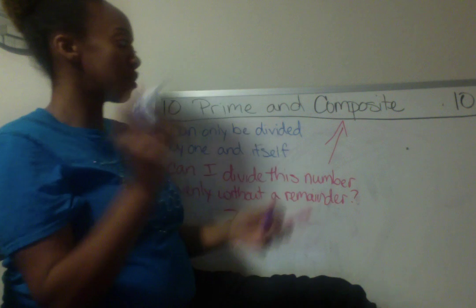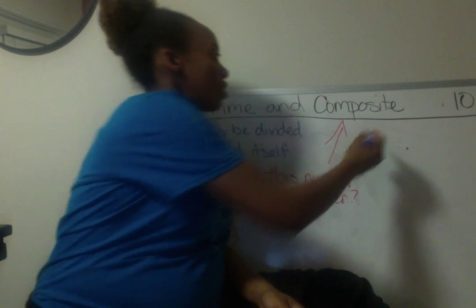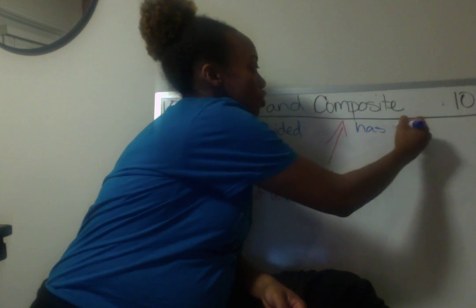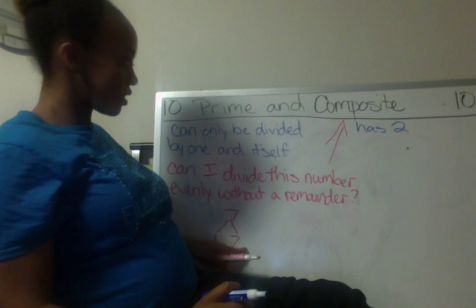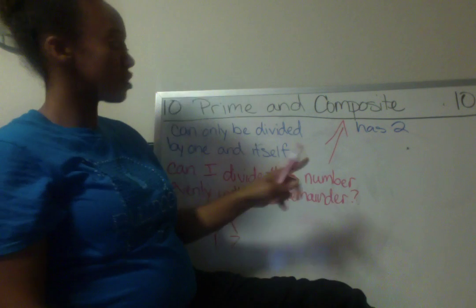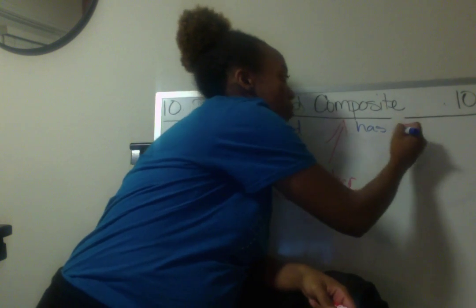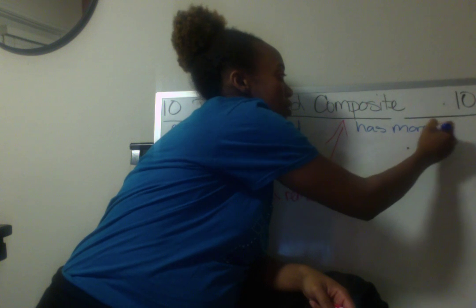So a composite number is a number that has more than 2 factors, because 1 and itself counts as 2 numbers.